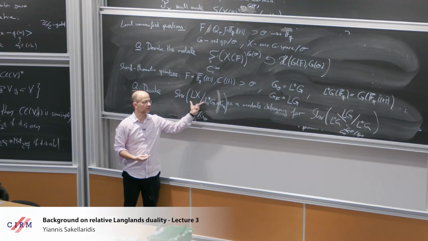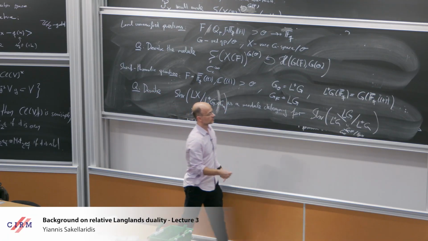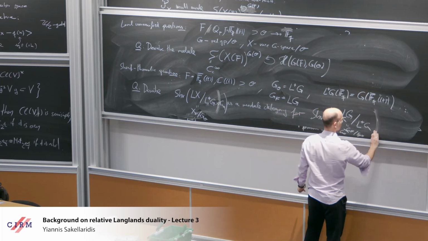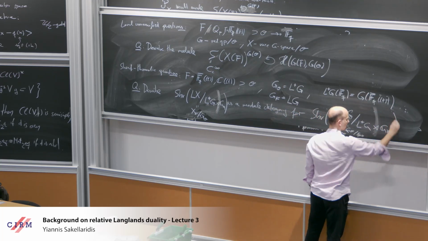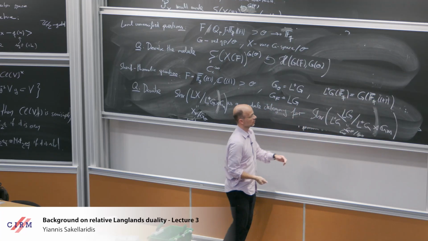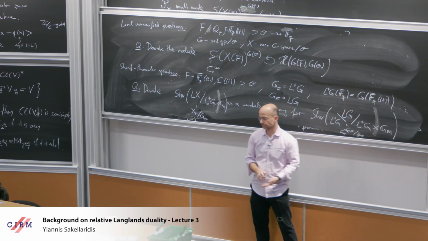This is a stronger question. You can recover the weaker question afterwards from it. So you can twist by this rotation subgroup and ask about equivariant sheaves with respect to this rotation subgroup.